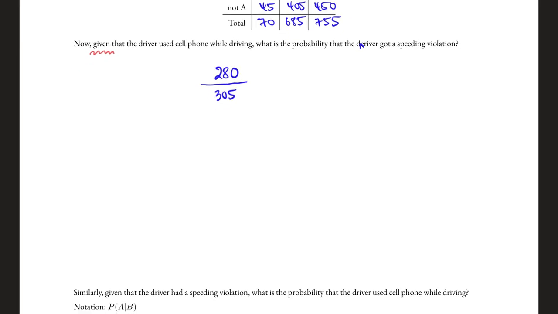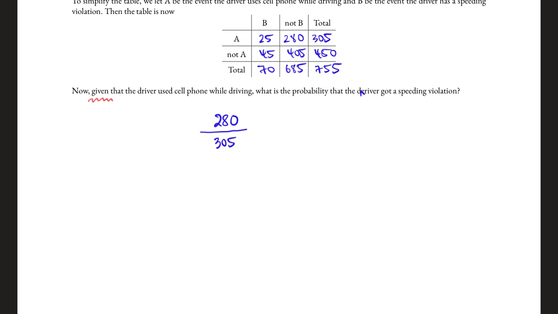We would like to focus on the number of drivers who use cell phone while driving, and that number is 305. This is called the conditional probability, and we will need a new notation for these probabilities.